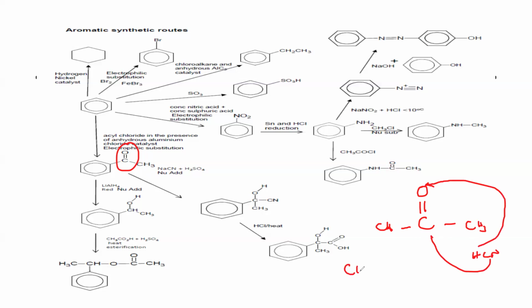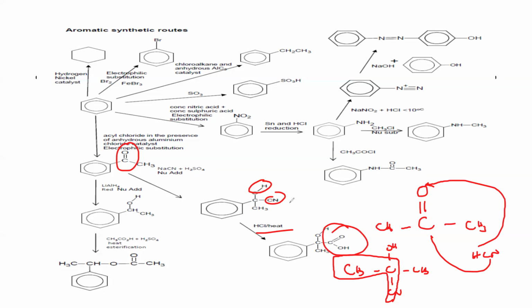So this will become CH3, C(OH)(CN), CH3. This is a hydroxynitrile: hydroxy, and CN is there, so nitrile. And if you react with HCl, the nitrile group will turn into a carboxylic acid.